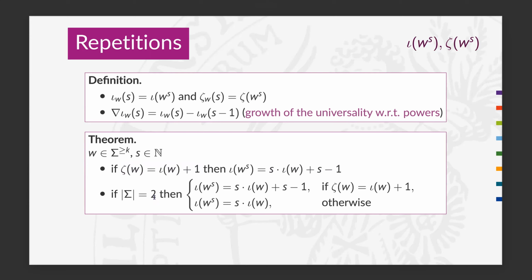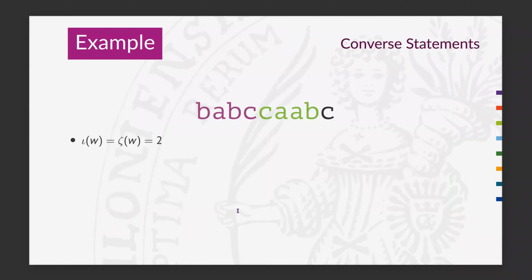In the binary alphabet, we can say that this is the otherwise case. So if it's not, then you never get one, but it only holds in the binary case. Let's have a look. Here we have 2 arches, and also the circular universality is 2.